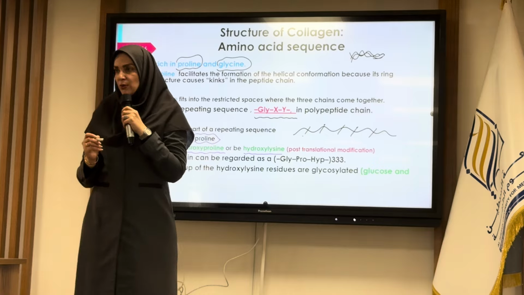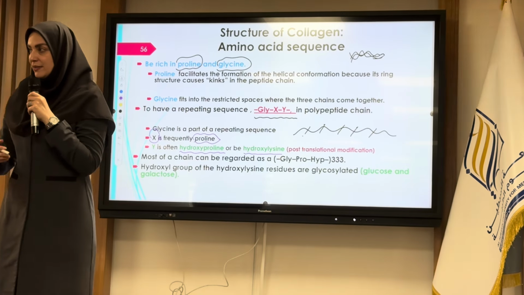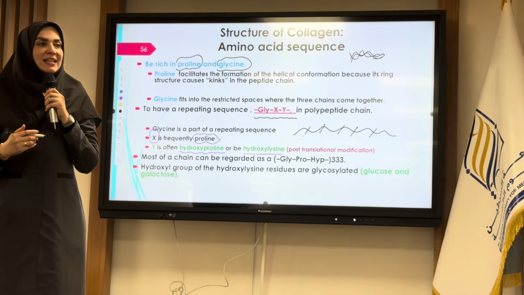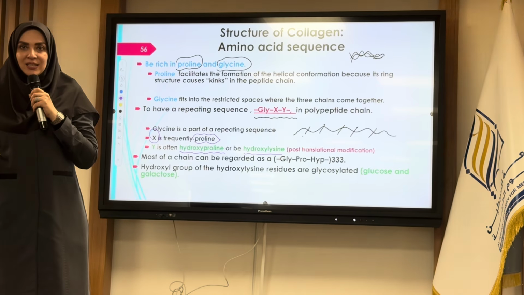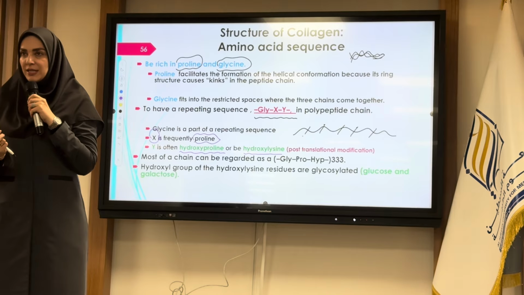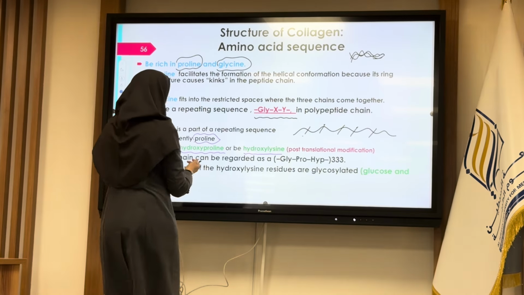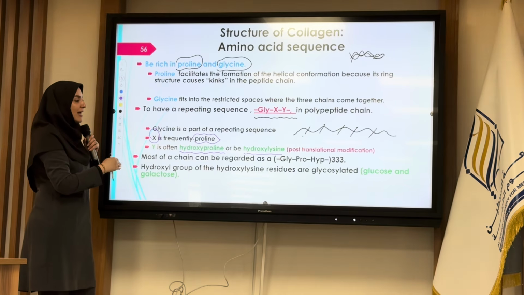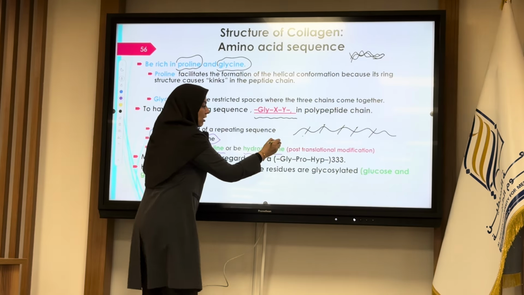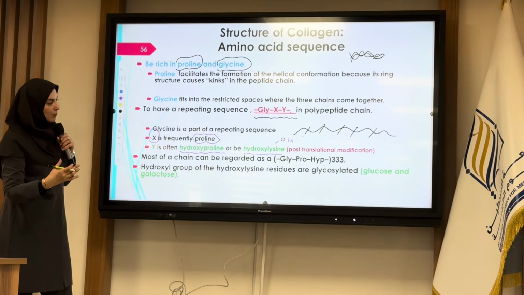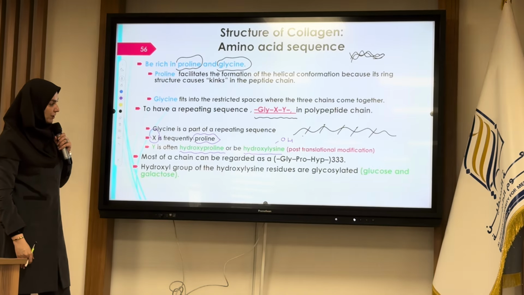I think in your high school you're familiar with post-translational modification. It means that after translation you add some group like a hydroxyl, okay? So you have another type of amino acid, I mean after translation, they take, for example, a hydroxy group here. This is known as a post-translational modification.